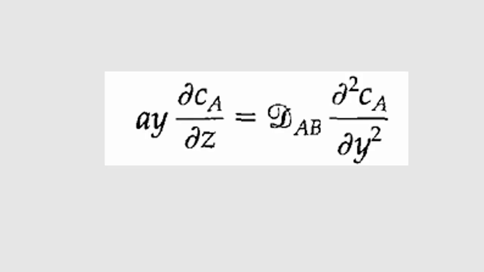And then finally, the concentration profile can be taken this way: Vz dou Ca by dou z is equal to DAB dou square Ca by dou y square. That means now we are able to understand Vz is also present. At the same time, mass transfer is also present, DAB.